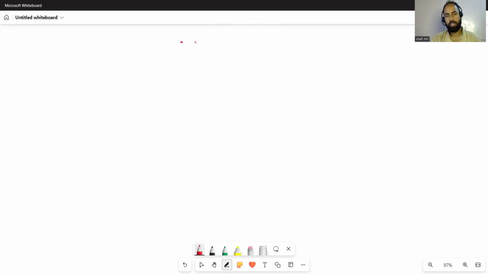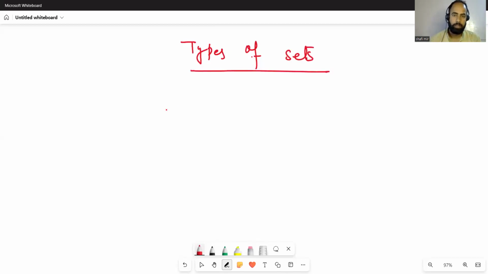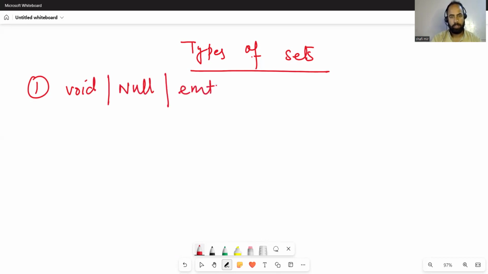Now let us focus on a new thing, that's types of sets. Although I have covered some parts of it in my first lecture, something is remaining, so we'll try to cover that in this session. Types of sets. First of all, I had told you what is a void set or null set or empty set. A set which contains no element is called a void set, null set, or an empty set.